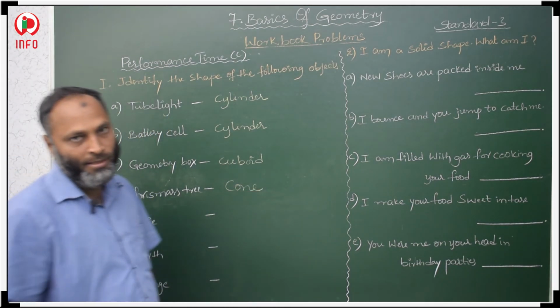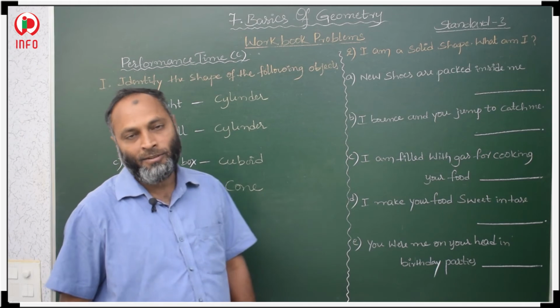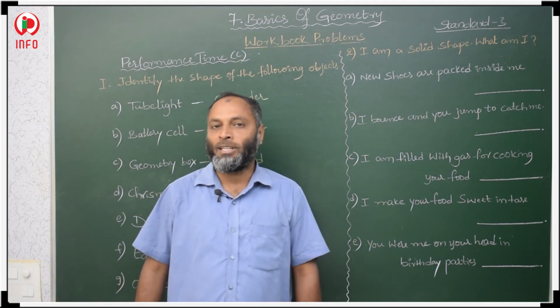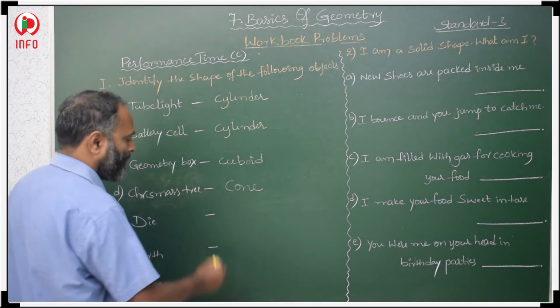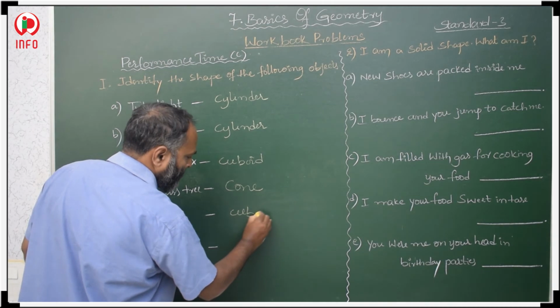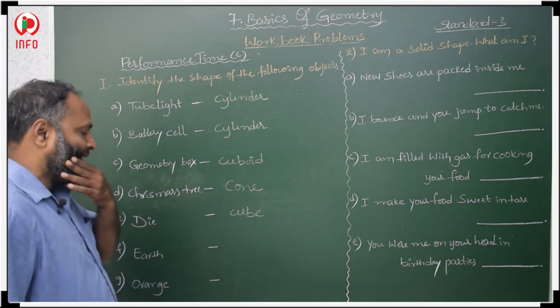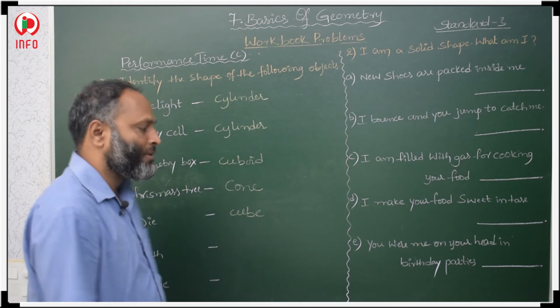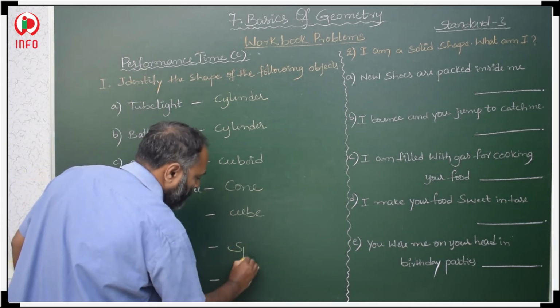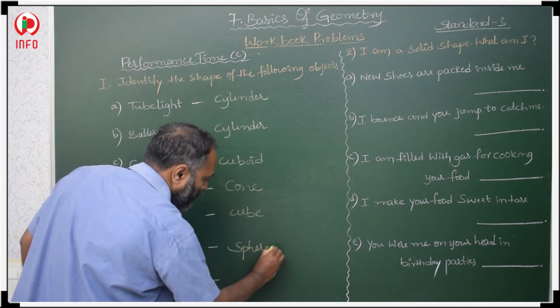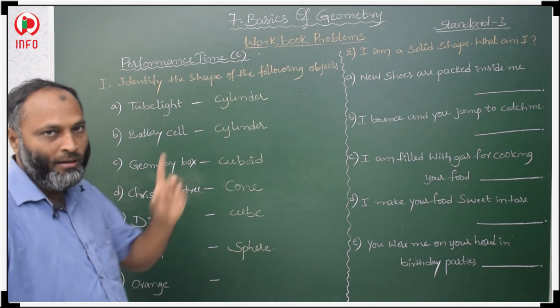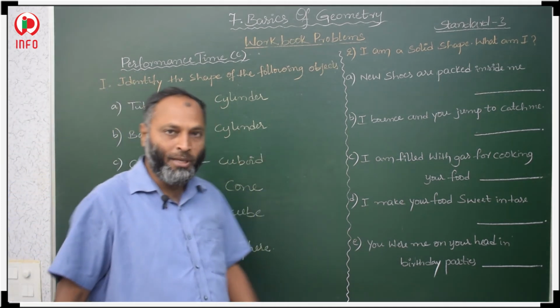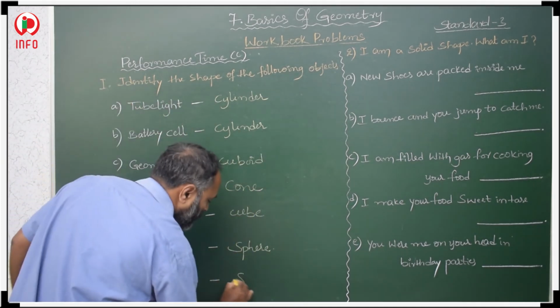Next, die. The die is in square shape, so that is why it is a cube. Earth is spherical in shape. Sphere. Next, orange is spherical in shape. So orange is also a sphere.